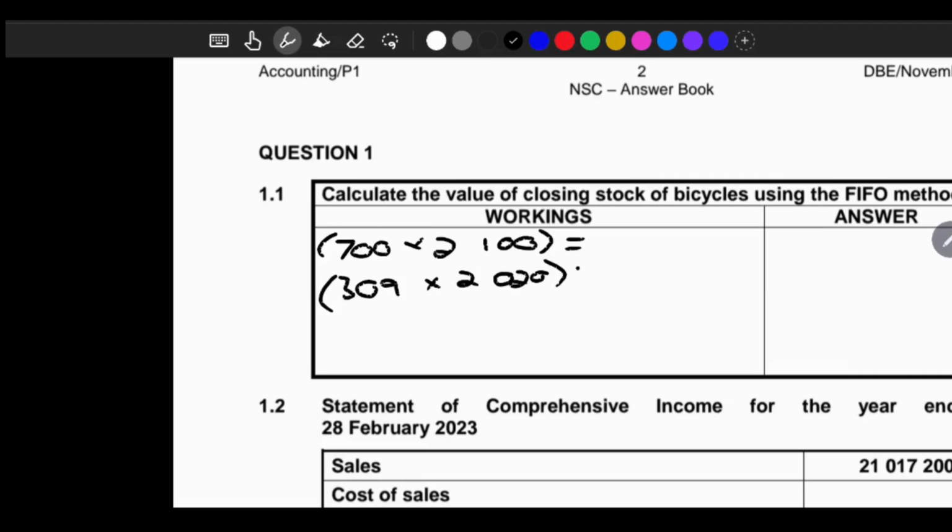I don't know why I'm using brackets, but that's not necessary. I've done my calculations on the side. You can do your calculations and just ensure that we get to the same answer.